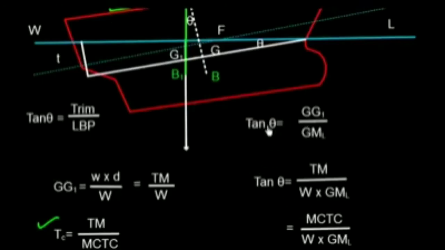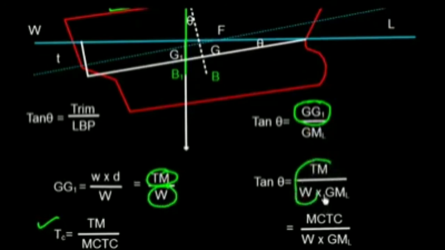Now if we come back to the formula, that tan theta is equal to GG1 by GML. The GG1 we can write as w into d by capital W, or trimming moment divided by W. So I write GG1 as trimming moment divided by capital W into GML.